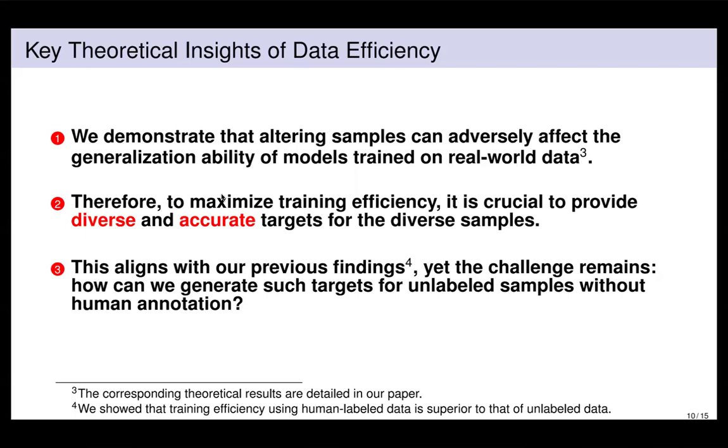We should maximize the training efficiency by providing diverse and accurate targets for the diverse samples. This insight is also aligned with our previous findings, where we find that when we use the human labeled data, the training efficiency will be larger than that of the unlabeled data.